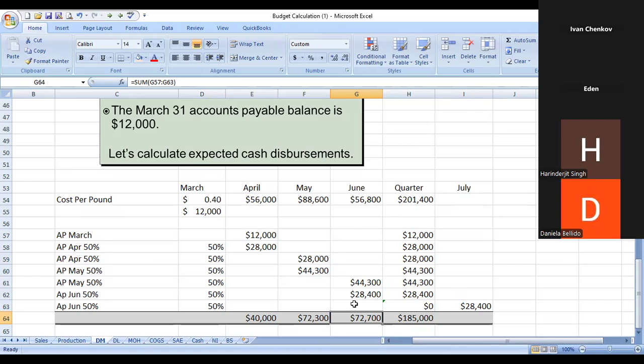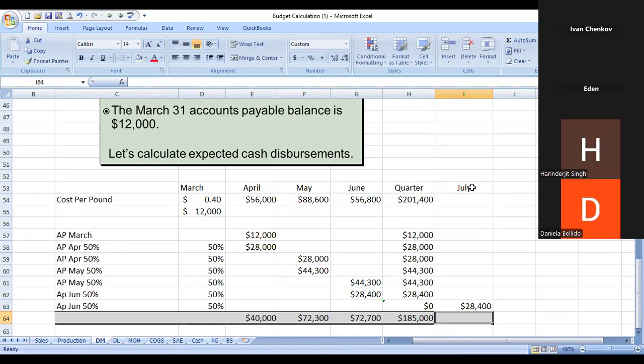Now, is there anything that we have to pay at the end of June that we haven't paid? Yes, there is. What will that be? The 50% of the June purchases, which we have to pay in July. So here I put the wrong cell, that should be this one.